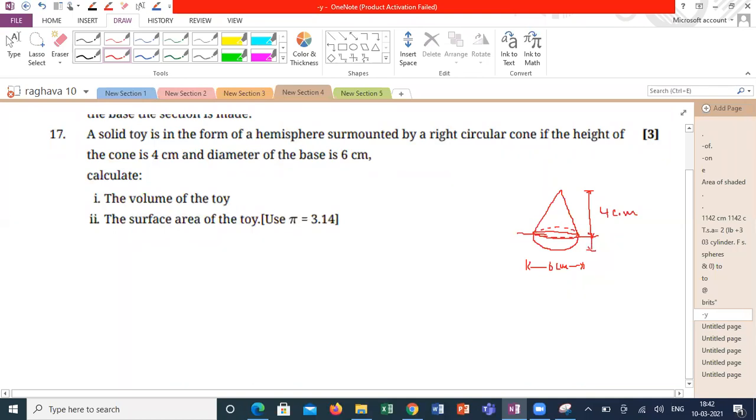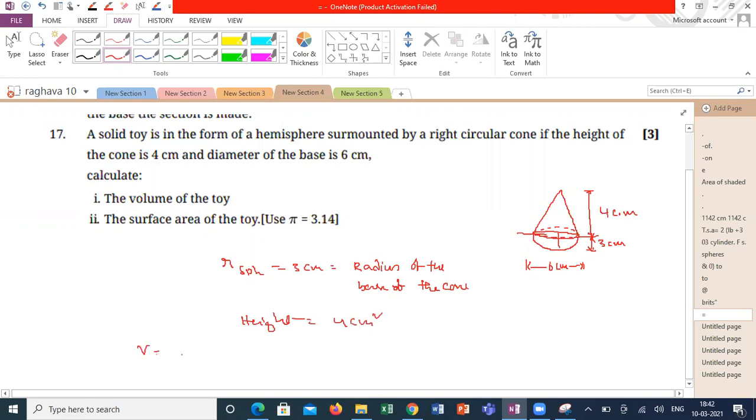So this height will be half of the diameter, that is 3 centimeter. So the radius of the sphere is 3 centimeter, which is the radius of the base of the cone. So the height will be equal to 4 centimeter.